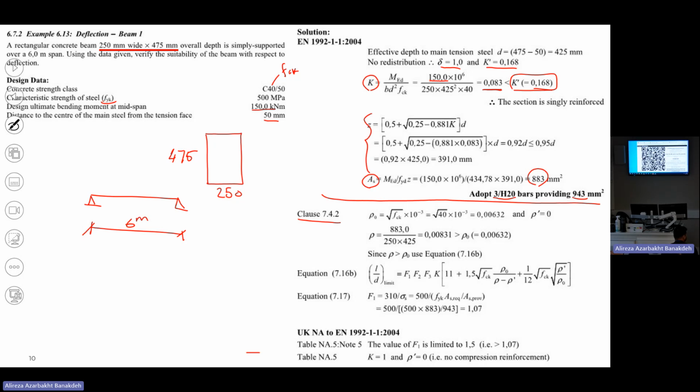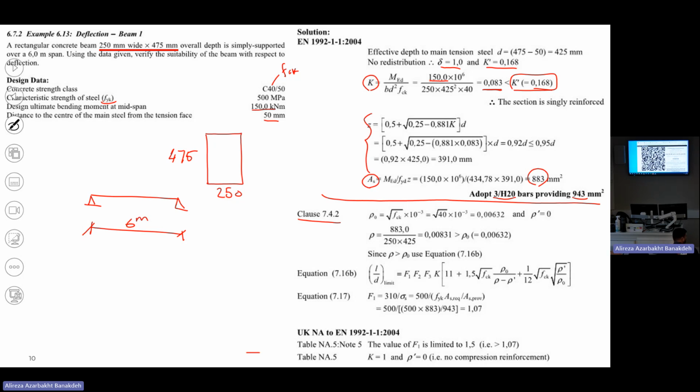If you use, for example, 3 number 18, it will be less than that. It's 763, so it's not good. So 3H20 is perfect. Check 4 number 18. This is the best case, because you cannot use 2 reinforcement bars.